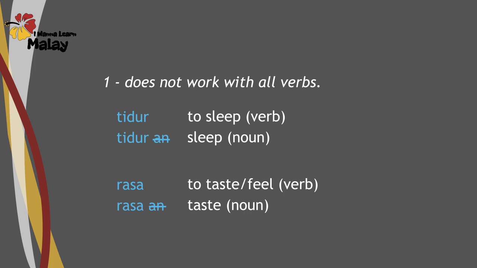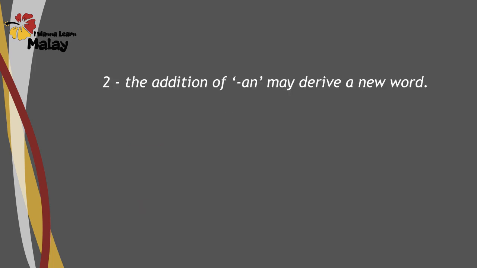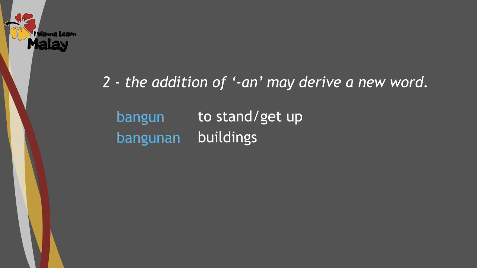Another point is that the addition of an at the back may change the meaning of the word slightly from its verb. For example, bangun is to get up, to wake up, or to stand.